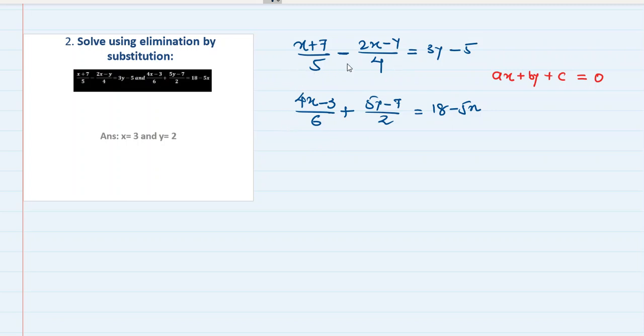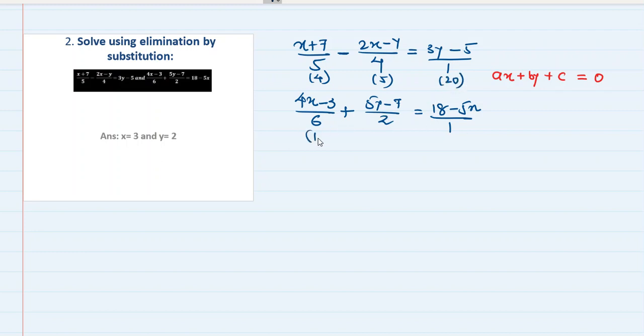So here I'm going to take the LCM of 5 and 4. See, here I'm going to write the denominator as 1 here as well, and I'm going to take the LCM throughout. So when I take the LCM, this becomes 5 4s are 20, 4 5s are 20, 20 1s are 20.